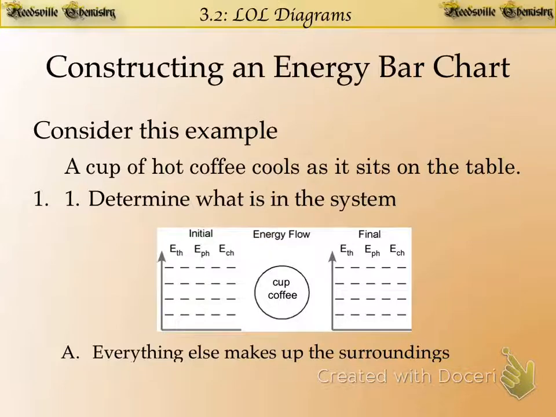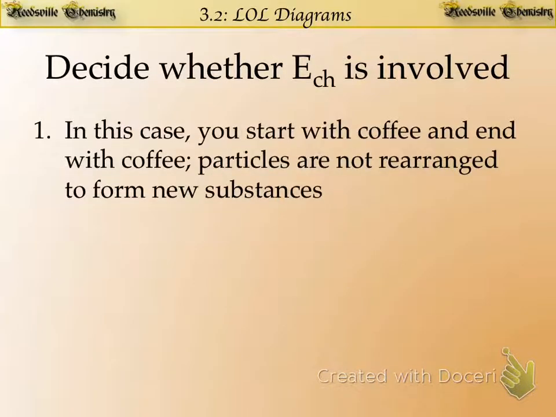Here's step two. We need to decide whether ECH is involved. ECH, what was that? Chemical energy. Yes, very good. So in this case, we're going to start with coffee and we're going to end with coffee. Now, I don't like drinking cold coffee. I like drinking hot coffee, but at the end of the day, it's still coffee. It's not something new.